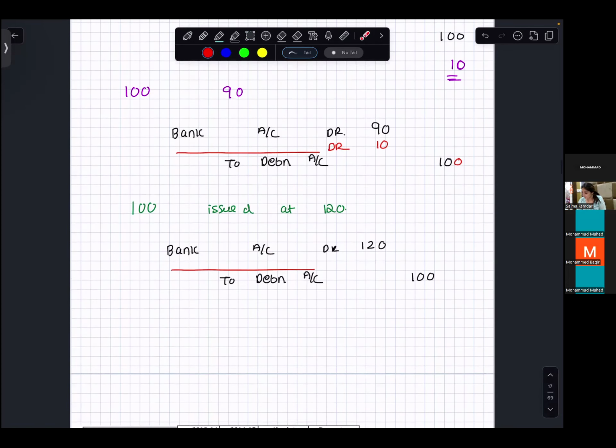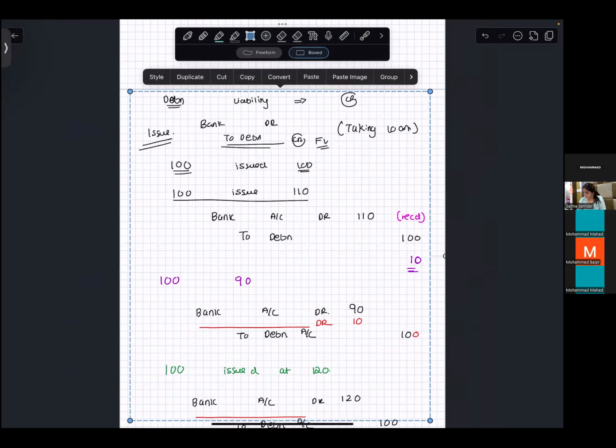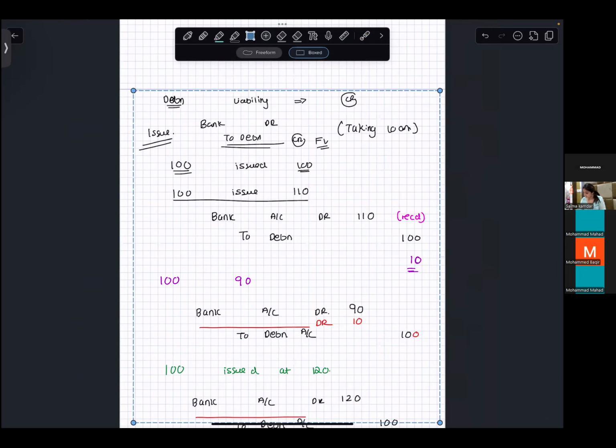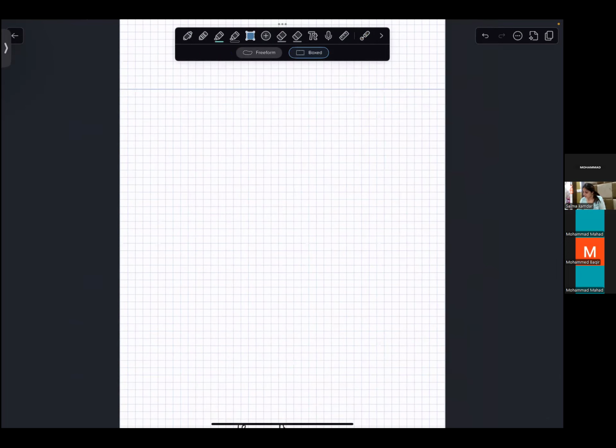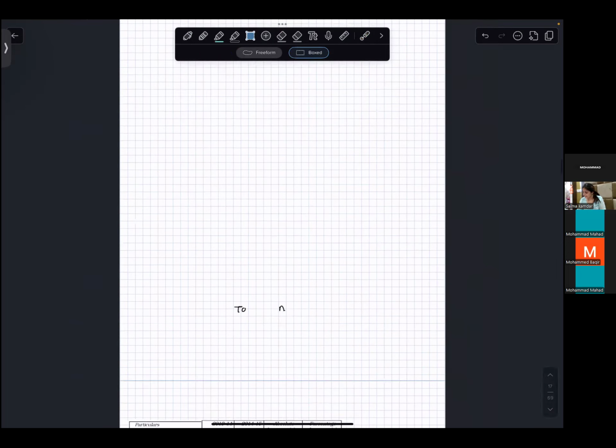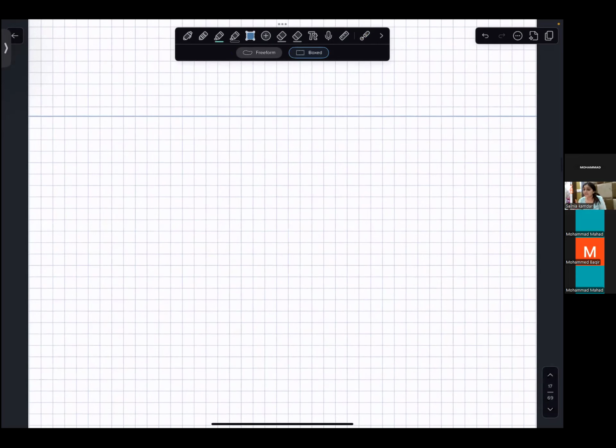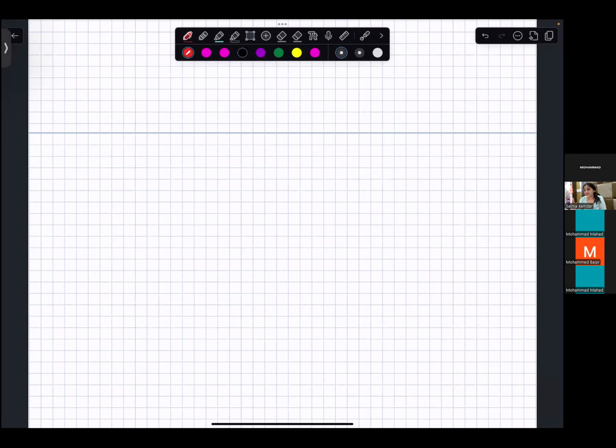Give me the journal entry for issue of debentures. Bank account debited to debentures account. Bank account will be debited by how much amount? The issued amount, the money received. And debentures will be credited by how much amount? The face value. Come on, fast. Debentures of 100 issued at 80.